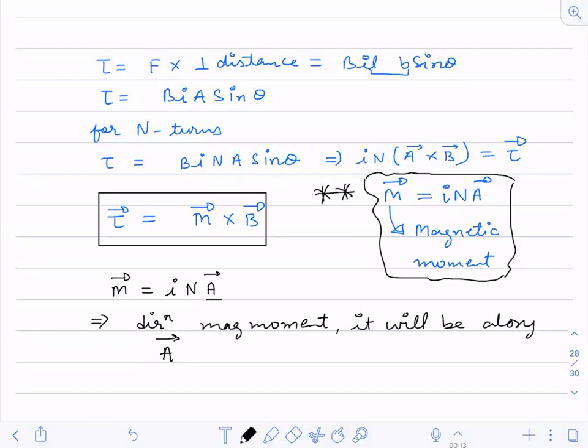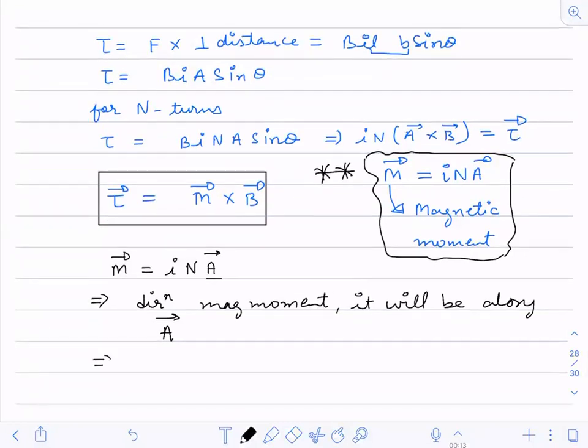The magnetic moment of a coil depends upon the current, the number of turns, and the area vector. Remember that the magnetic moment is independent of the magnetic field. Since the word magnetic is coming, don't assume that it depends upon the magnetic field.